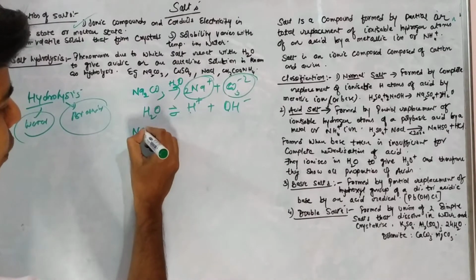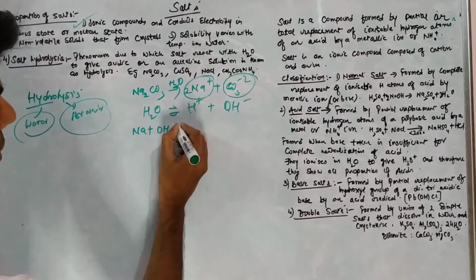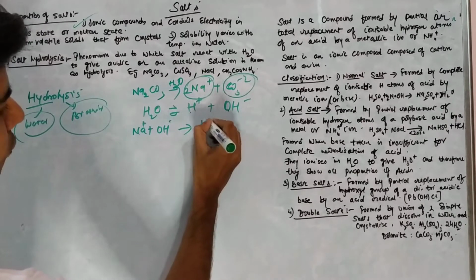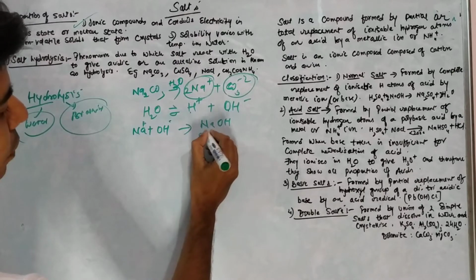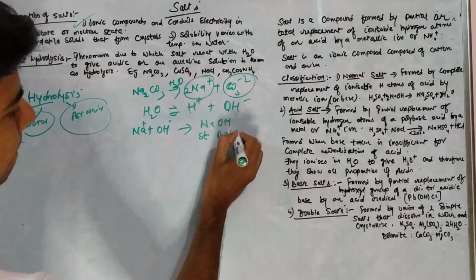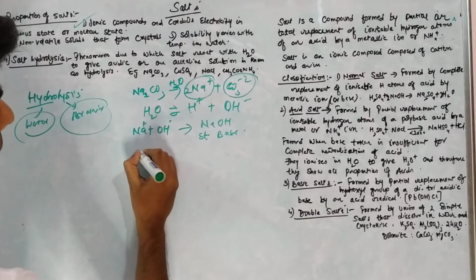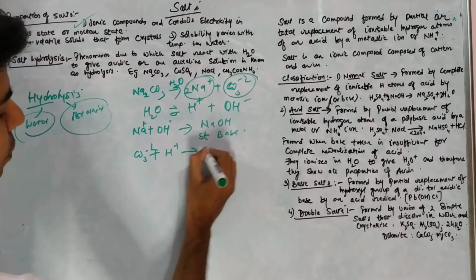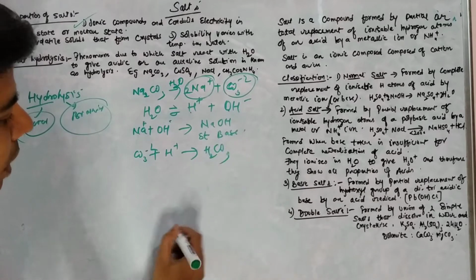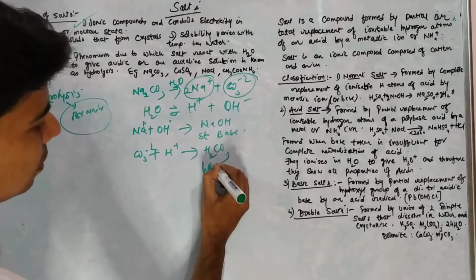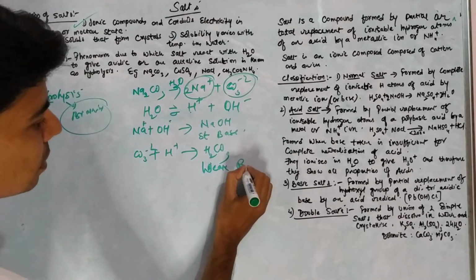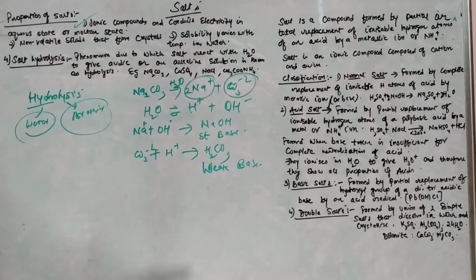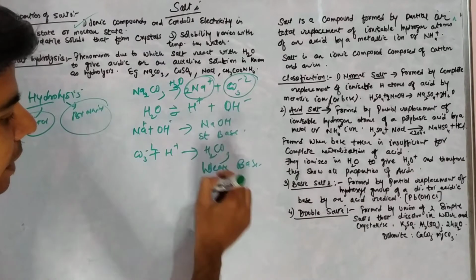So the sodium ion will react with the OH ion, forming sodium hydroxide, which we know is a strong base. Similarly, the carbonate ion will combine with hydrogen ions, giving you H2CO3, carbonic acid, which we know is a weak acid.